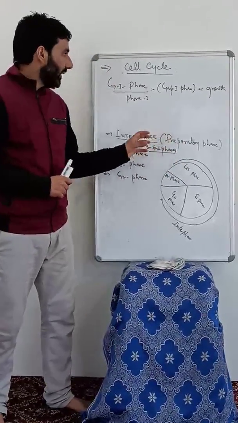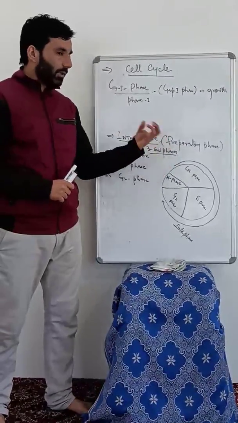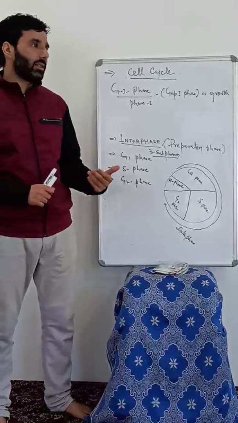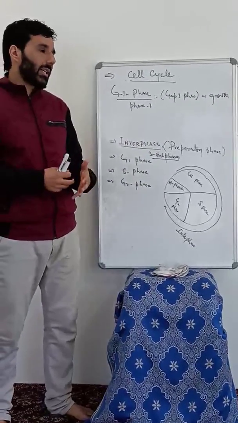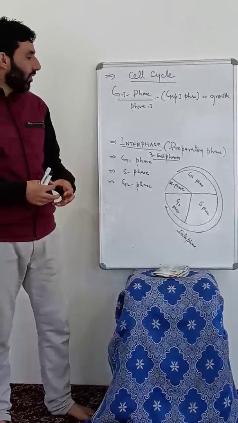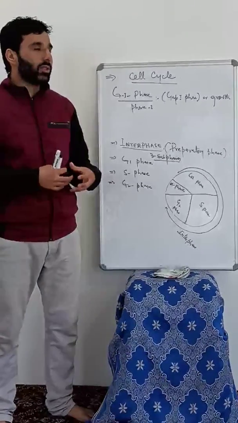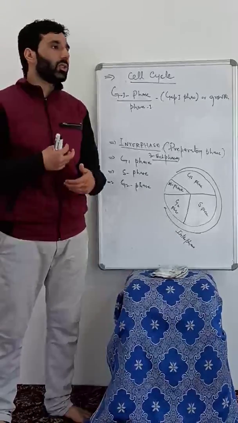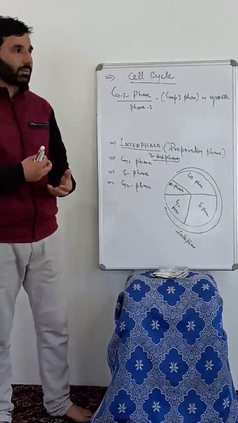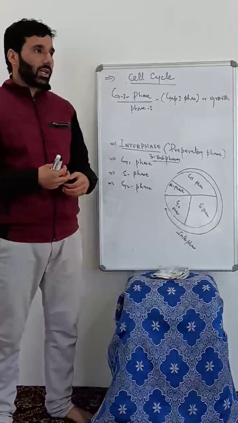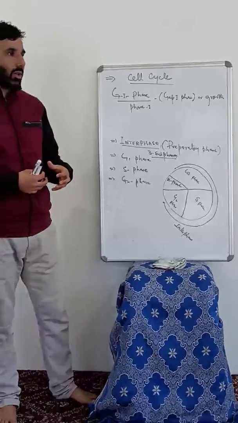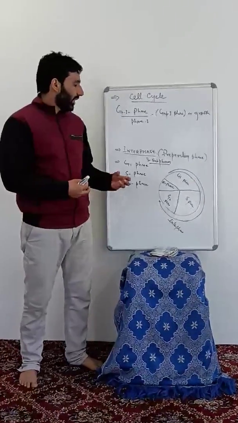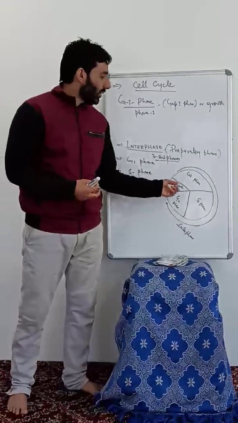first. A cell, when it divides, the next cell which has to divide again will not readily divide. It will accumulate nutrition. It will start to grow in size, divide the organelles, pull in all the nutrients, and then after that it is able to enter the next stage.